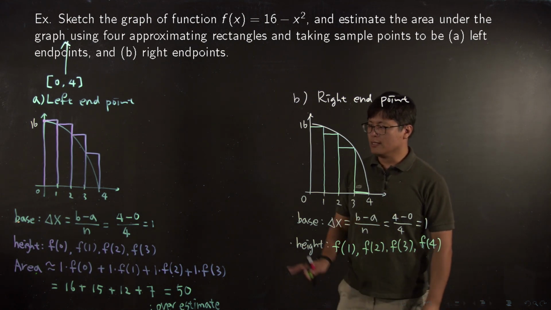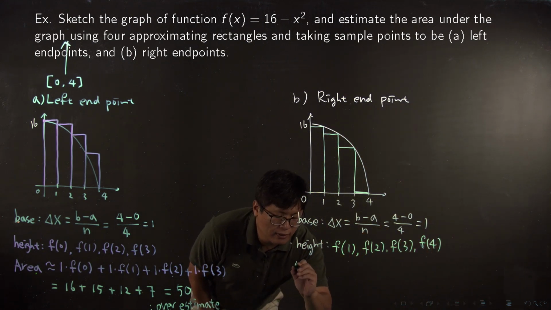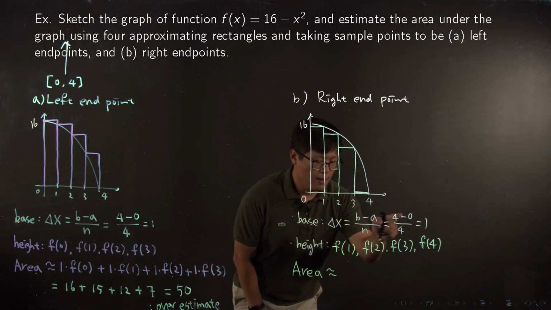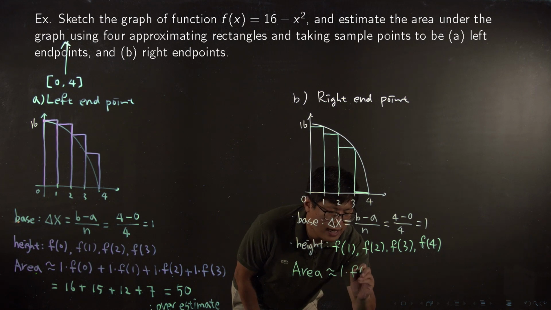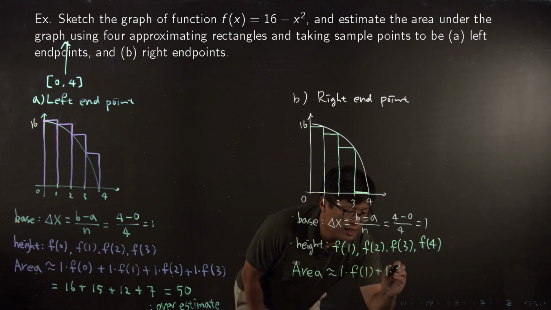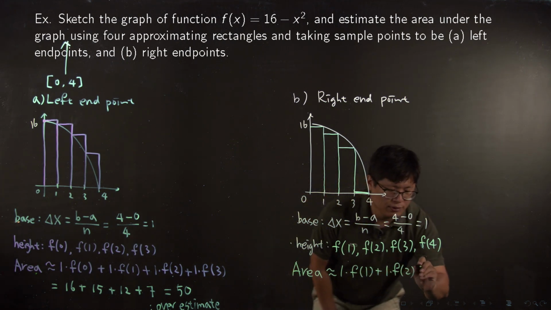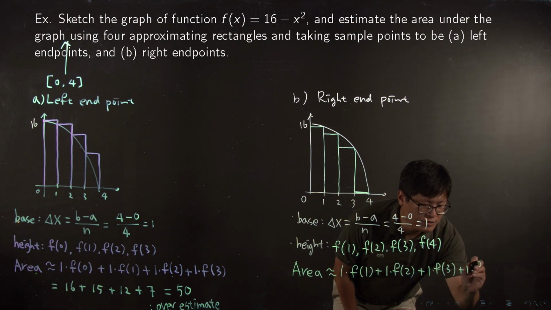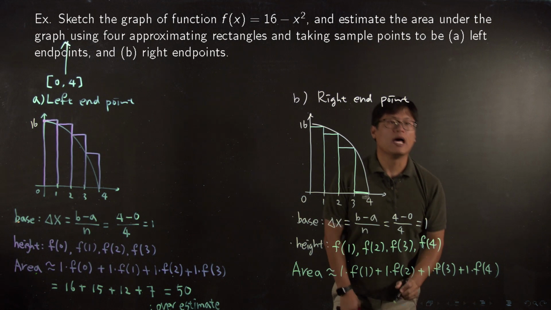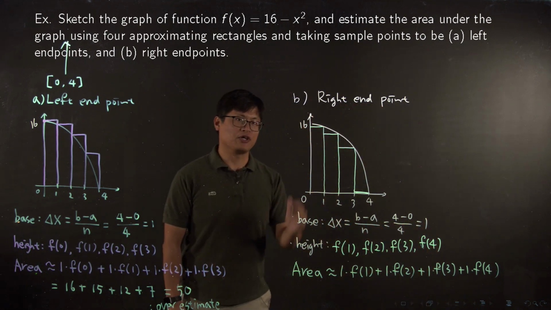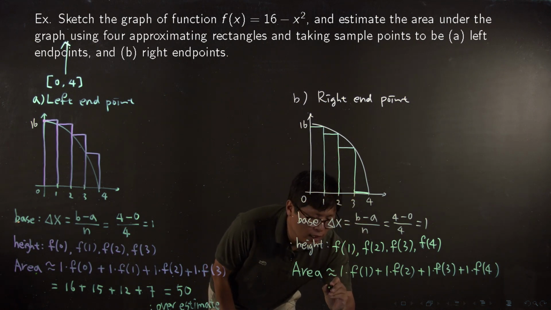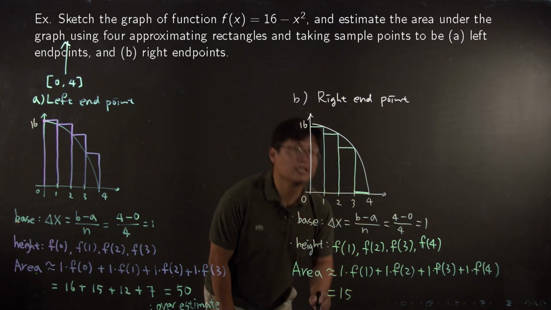We're almost there, okay? Now, the area under the curve can be approximated this way. Base times height, plus base times height, plus base times height, plus base times height, right? So now let me plug all these values into the function, okay? f of 1 is 16 minus 1 squared, which is 15.